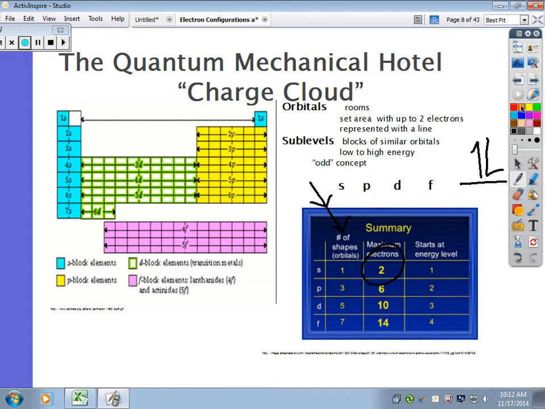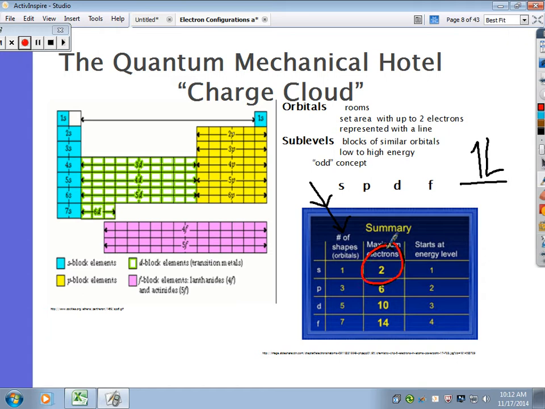Oh, that's a bad color, isn't it? So there's 2 electrons right here. If I have 3 P lines, 1, 2, 3 P lines, because it's odd, right? 1, 3, 5, 7, I can hold up to 6 electrons, because I'm going to put electrons in like this. And I'll talk about that in a second. But if each of those little lines represents an electron, in the P spaces I can hold up to 3.